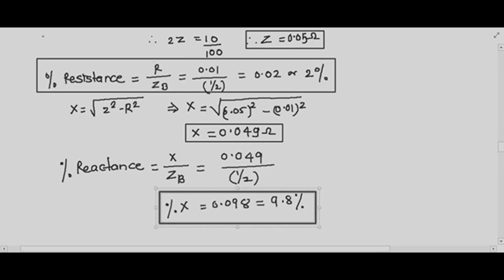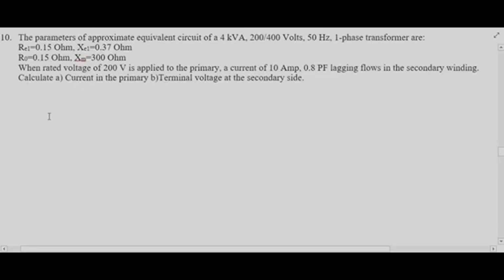Now let us move to the next problem. The parameters of the approximate equivalent circuit of a 4 kVA, 200 by 400 volt, 50 Hz single phase transformer: RE1, that is the equivalent resistance of the transformer referred to the primary side, is 0.15 ohm. XE1 is equal to 0.37 ohm.